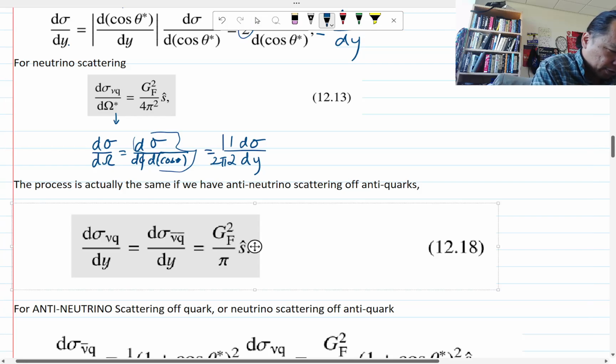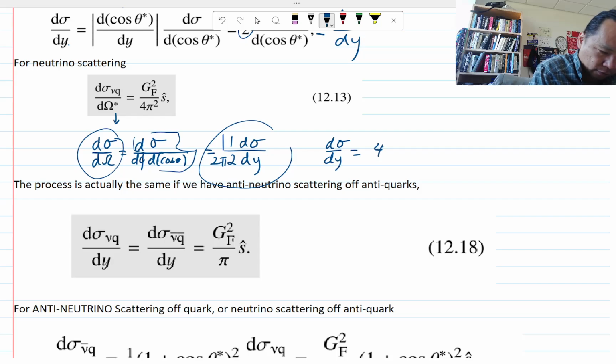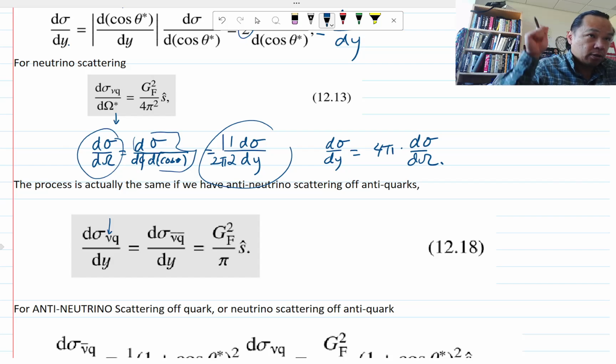So in the conversion from d omega to d phi, if you want d sigma dy, you just multiply 4 pi times d sigma d omega. So therefore d sigma d omega is going to be, remember this used to have a 4 pi squared here, you just get rid of that, and then you have exactly that. Okay, so this is the differential cross section for neutrinos scattering into quarks.